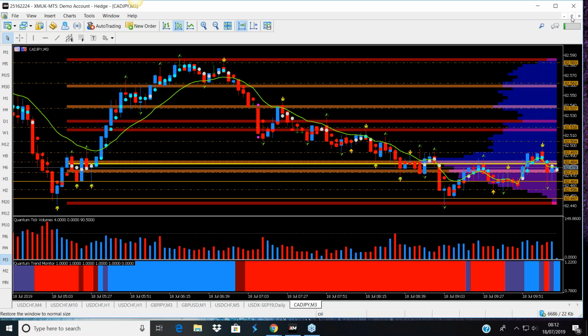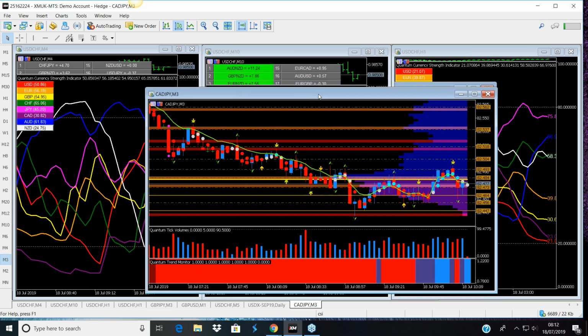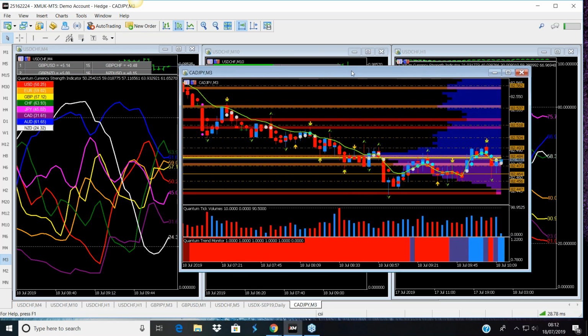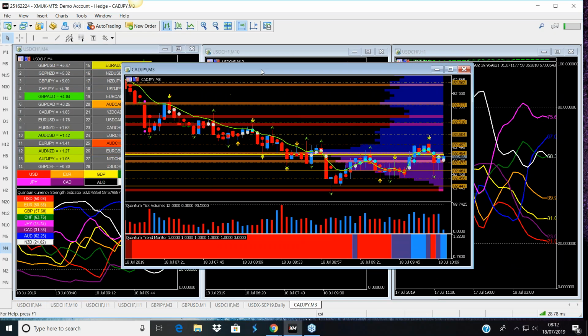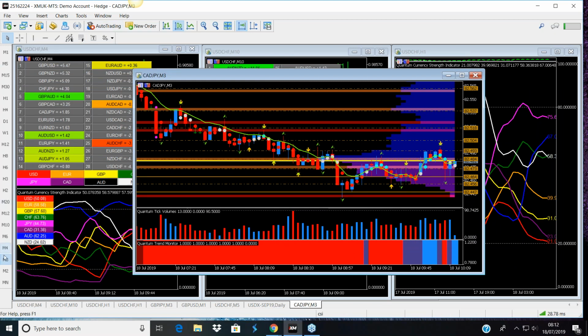This is just, if you like, my filtering. It's the multiple CSIs, multiple matrix, and a chart that allows me to drag over different pairs and compare what I'm seeing on the indicators with what is actually going on on the charts themselves. And as I said, I spotted the CAD yen this morning on the 30-minute chart that I have here.